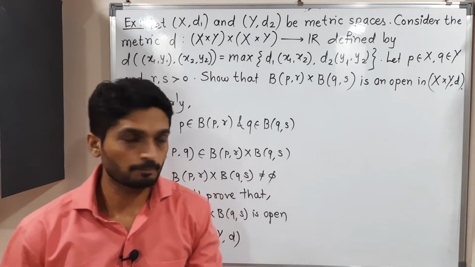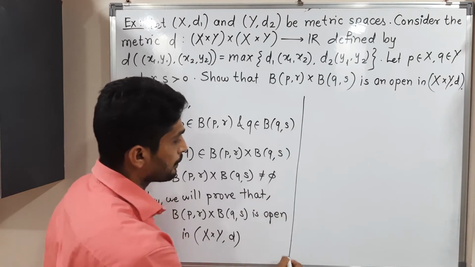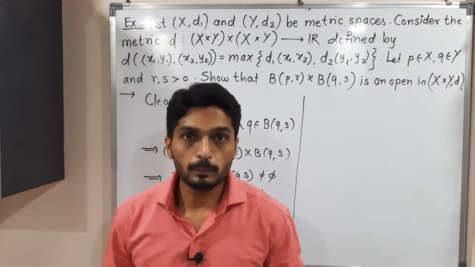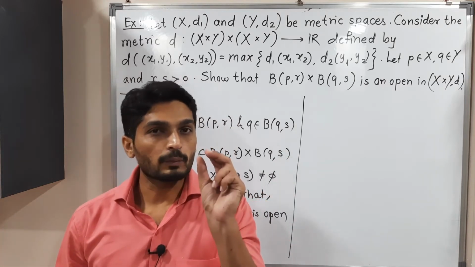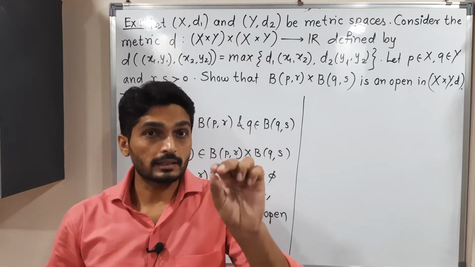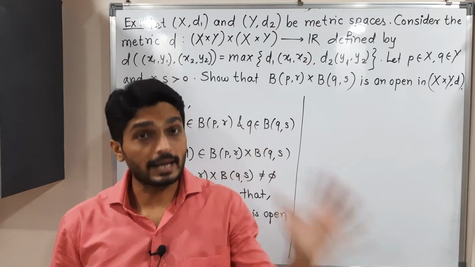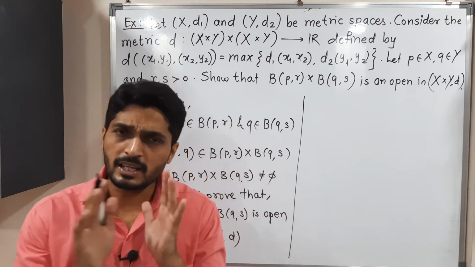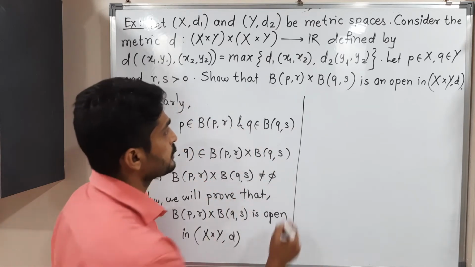So we have to prove that it is an open set. Tell me, what is the technique to prove any set is open? We take one arbitrary point and prove that there is a ball with center that point and some radius which lies in that set. So we can declare it is an open set. Same technique I will use here.